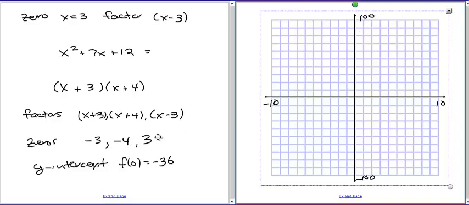So here's our zeros: negative 4, negative 3, positive 3. The y-intercept is negative 36, so 1, 2, 3, 36. The function is going to come up here like that, come back around, go somewhere around there, and back up.